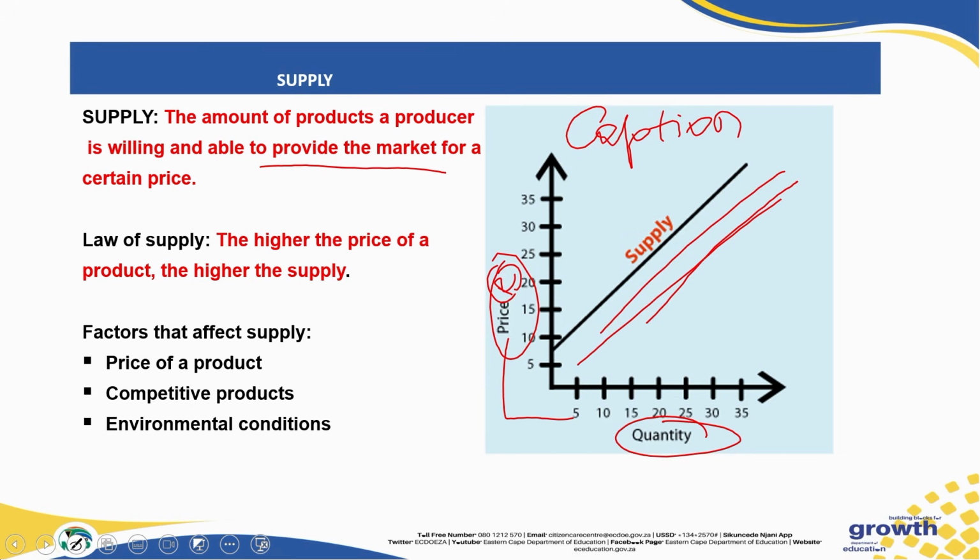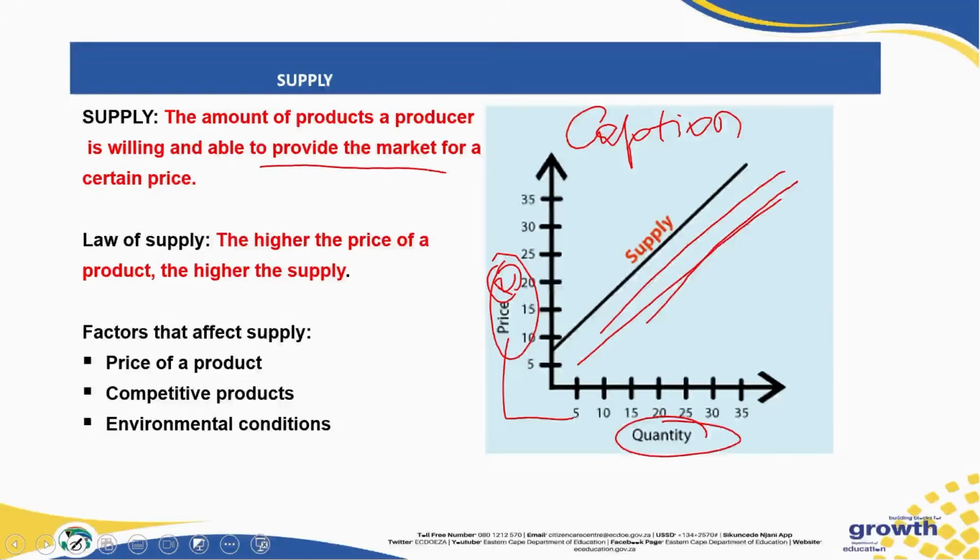On the caption, make sure that the variables or the labels on the y-axis and the x-axis appear. That will be your correct caption. And then the law of supply, as we have already said: the higher the price of a product, the higher the supply. Preferably when you're stating the law of supply or the law of demand, start with the price.